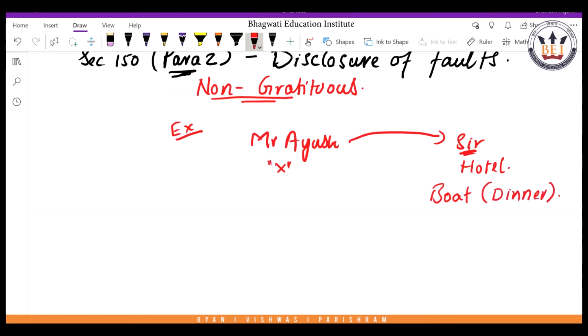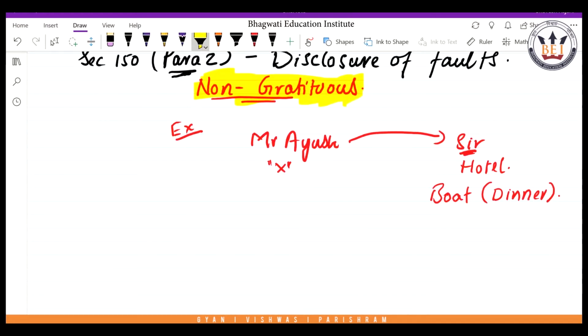I should be seriously happy listening to this very romantic visit that he is going to take with his wife. Now, coming to this part, over here we are providing hotel, boat service, and other stuff on hire. So it is a clear-cut case of non-gratuitous bailment, and the boat refers to goods over here.